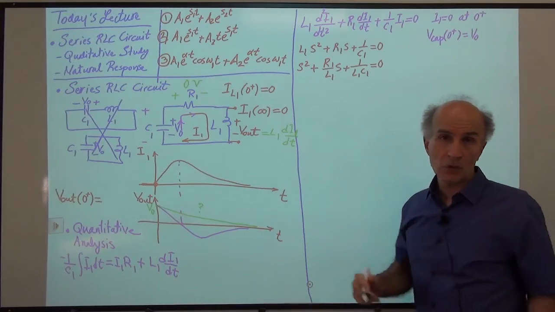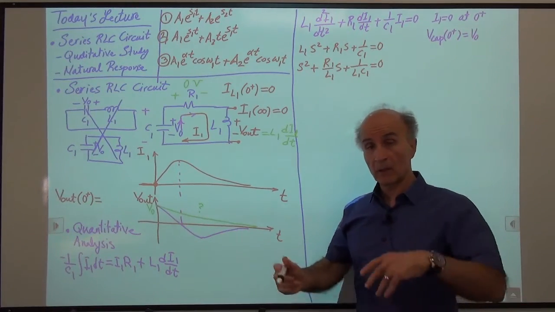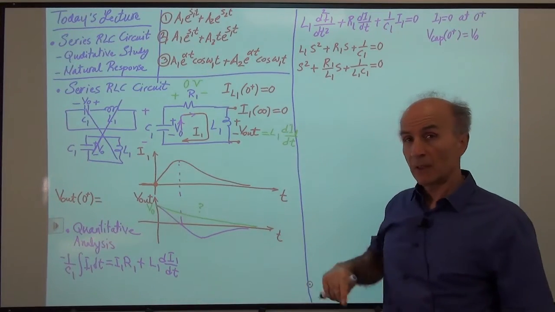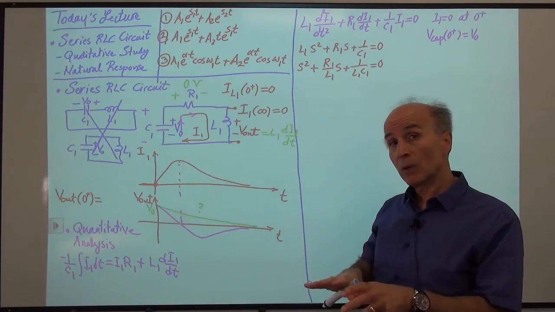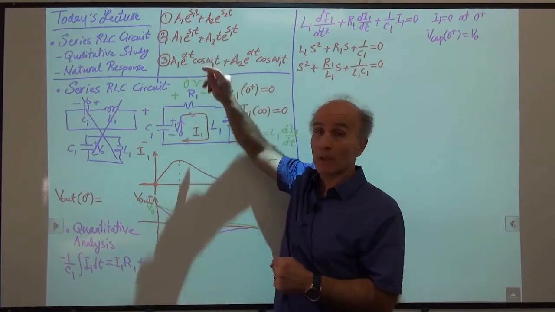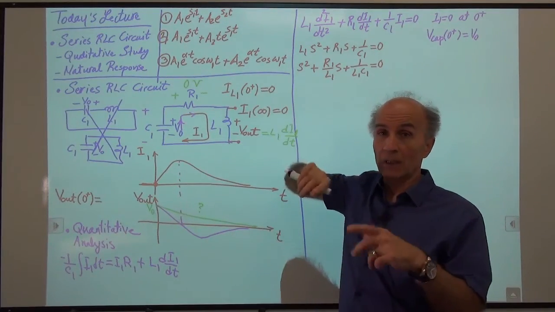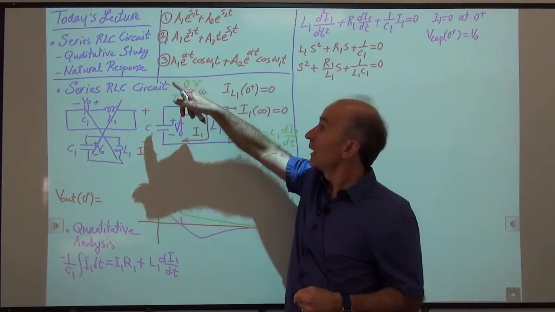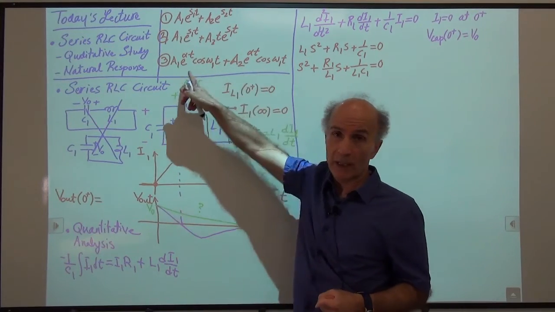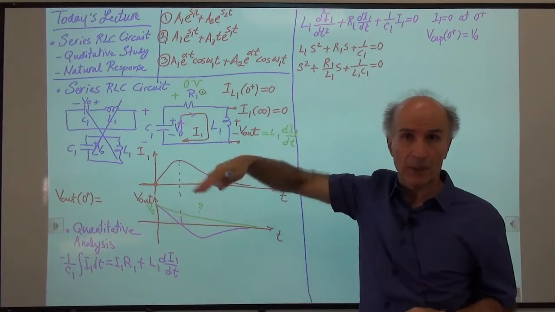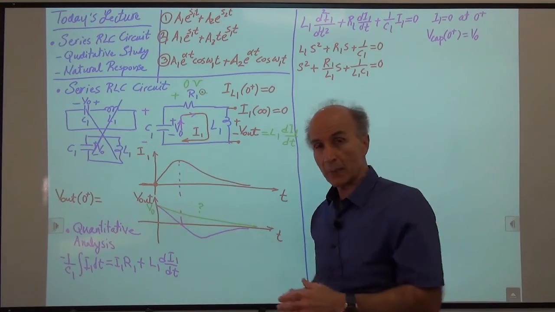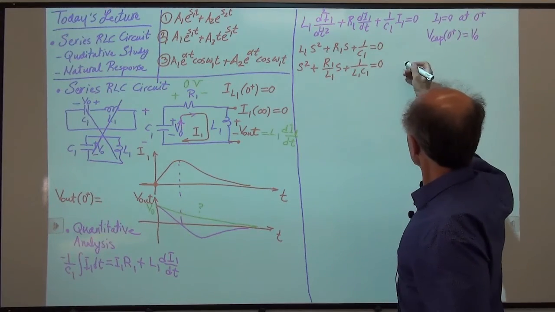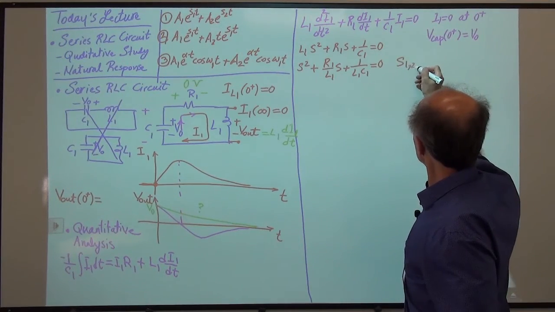All right. So again, we have two roots, and depending on what the roots are doing, we have one of these three responses, right? If the roots are real and unequal, we have an overdamped response. If the roots are real and equal, then we have this critically damped response. And if the roots are complex, we have this sinusoidal response with a decaying exponential envelope. But let's just write the two roots, s1,2.